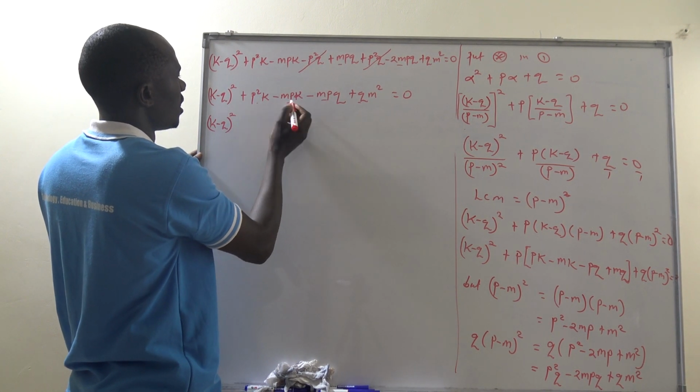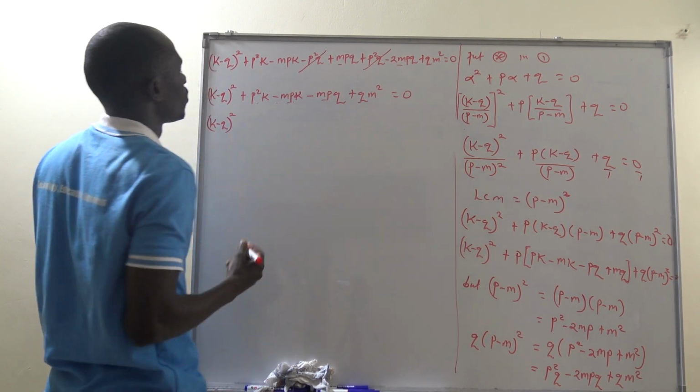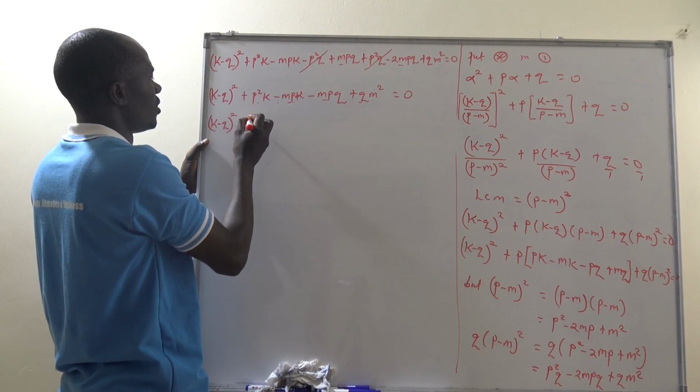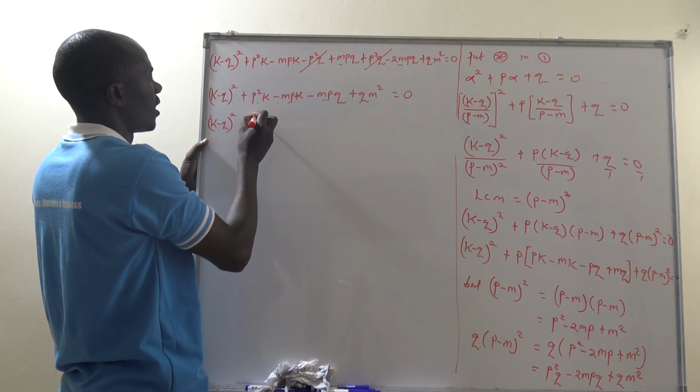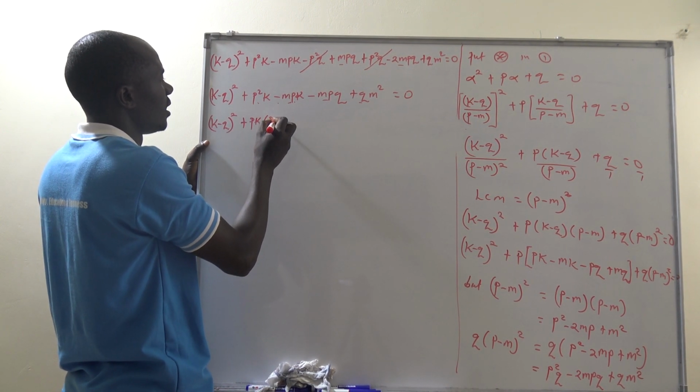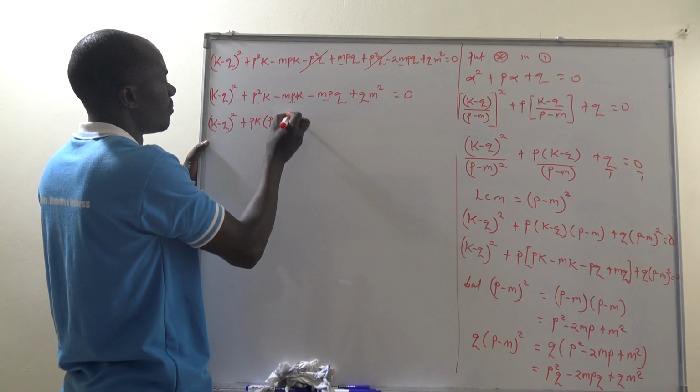These ones are common. So what is common here? What is common is a pk. Then what do we remain with? We remain with p minus m.